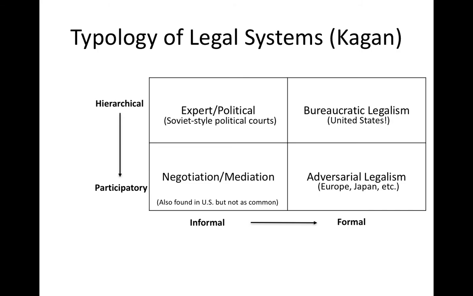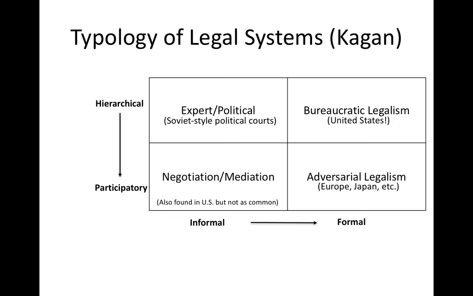So, all right. We have the expert political courts, we have the negotiation and mediation courts, but it's really the two court types on the far right that I'm interested in. Again, bureaucratic legalism, not found in the United States for the most part, but found in Europe, Japan, New Zealand, Australia, Germany, etc. So these are justice systems that are hierarchical, but are also formal, right?